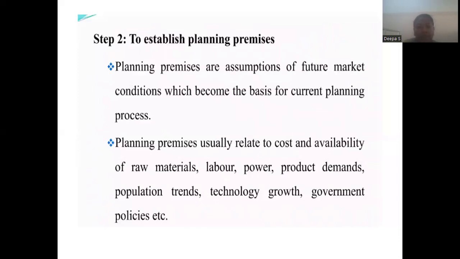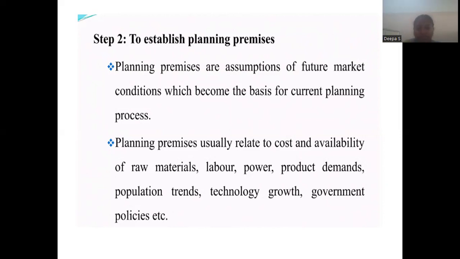The second step is to establish the planning premises, that is, what future conditions apply. For example, if you are selling some product, what is the future market we can place it in? It can be cost related, material related, or the demand for the product in your environment.